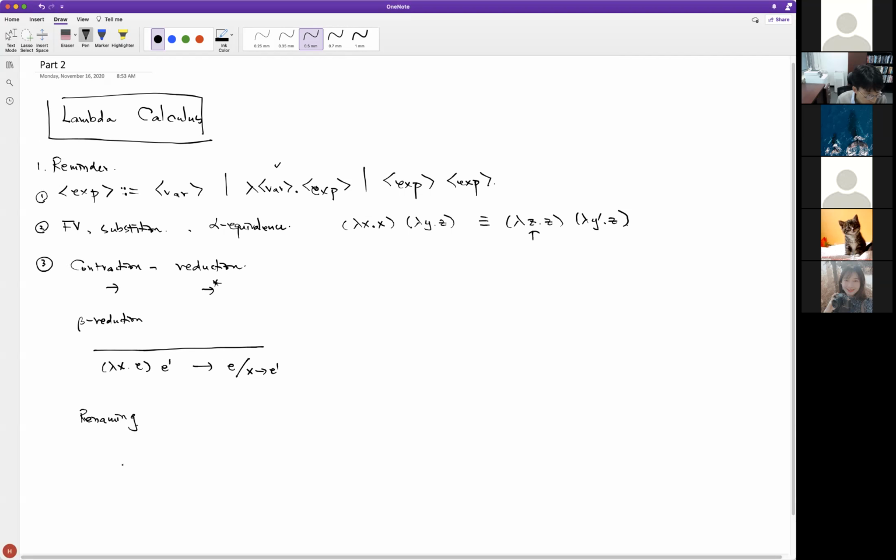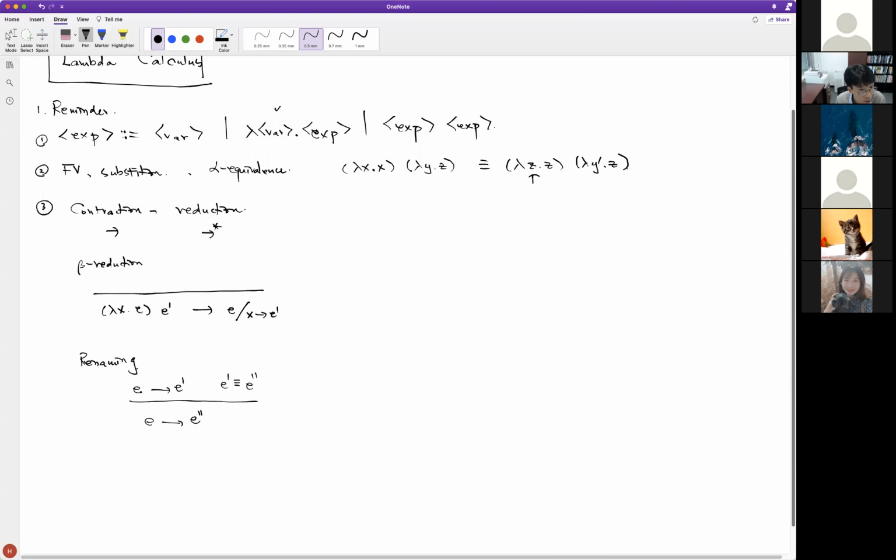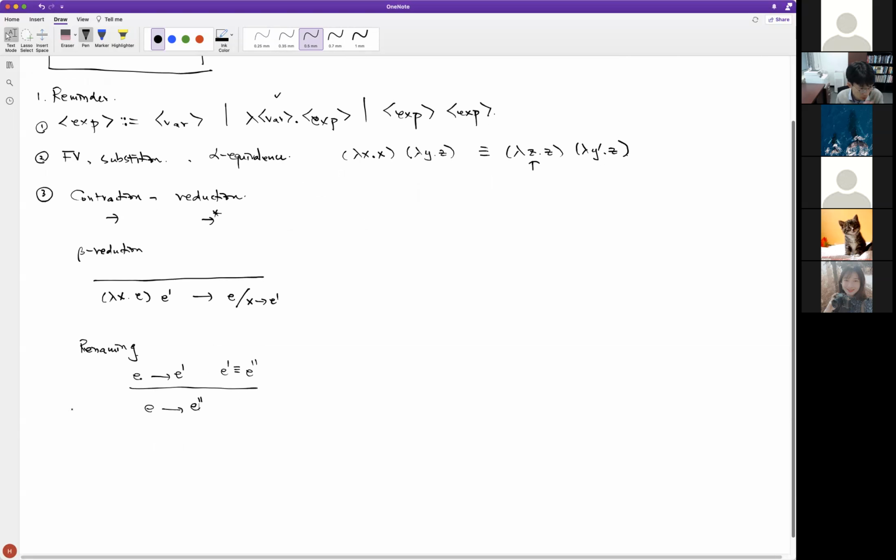That renaming rule says if we can go from e to e prime, and e prime and e double prime are alpha equivalent, then we can go from e to e double prime. So really, renaming says this contraction relation is with respect to alpha equivalence classes.